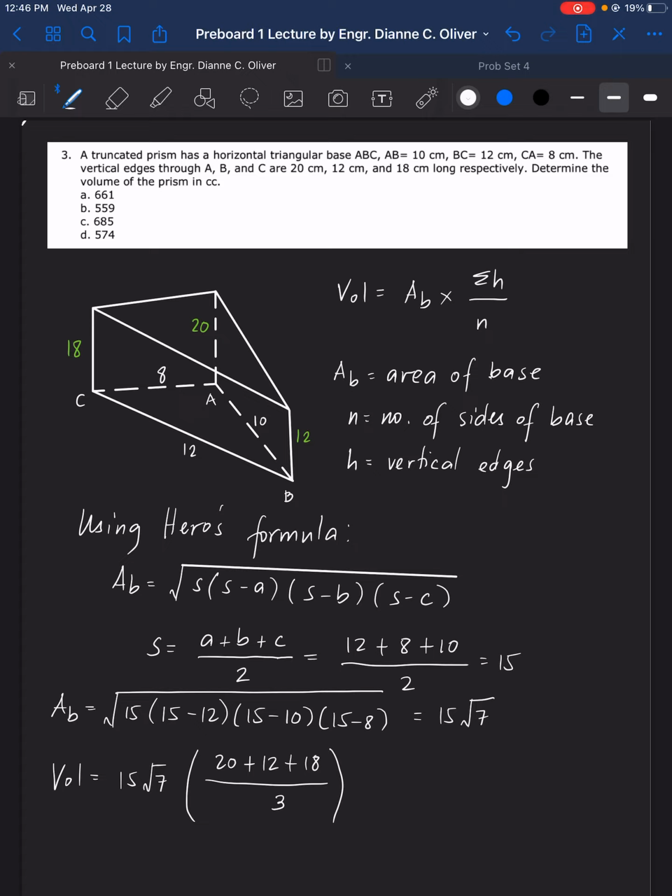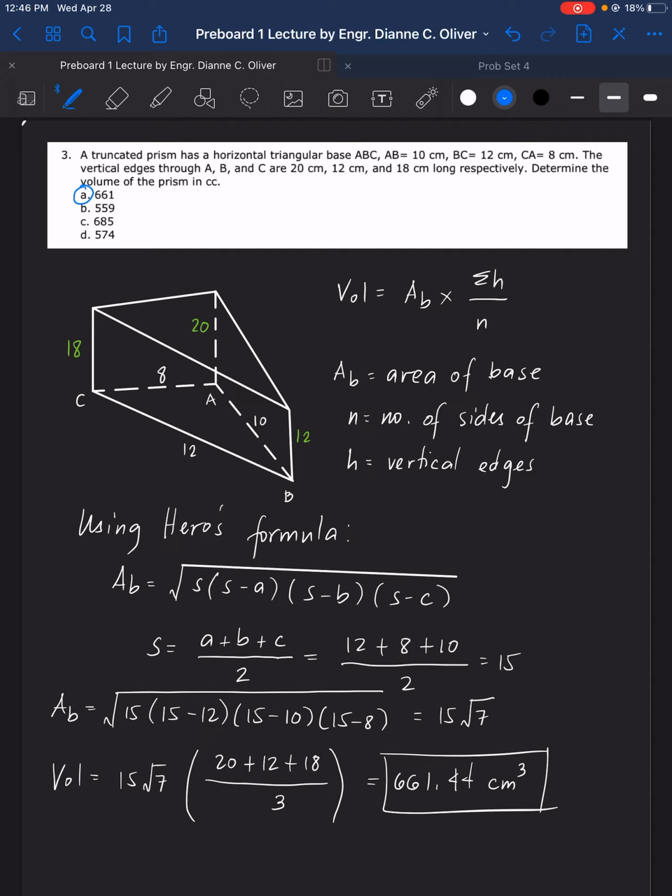So volume is equal to 661.44 cubic centimeters. From the choices, the nearest answer here is letter A, 661.